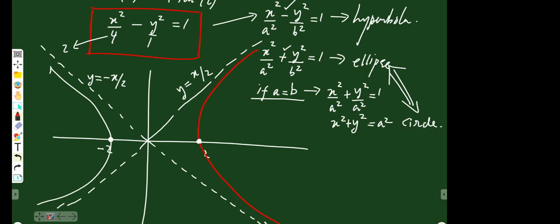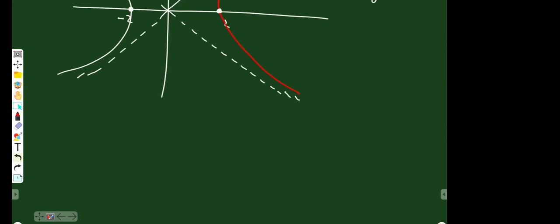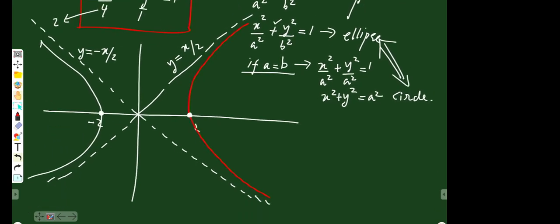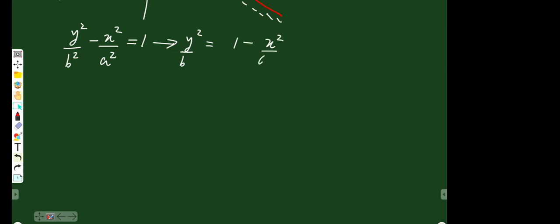So again, if you want to remember that, this formula would be for the hyperbola. Suppose you get here y squared divided by b squared minus x squared divided by a squared is equal to 1. So how to do this one? You bring the x term to the other side, so y squared divided by b squared is going to be 1 plus x squared divided by a squared.